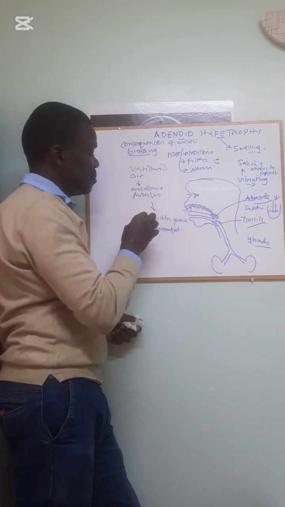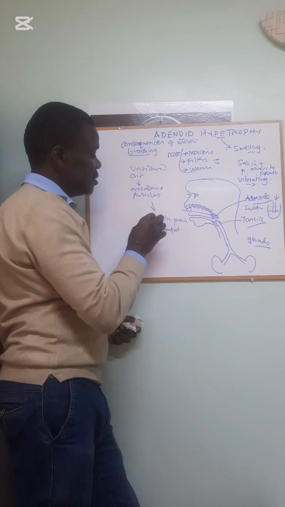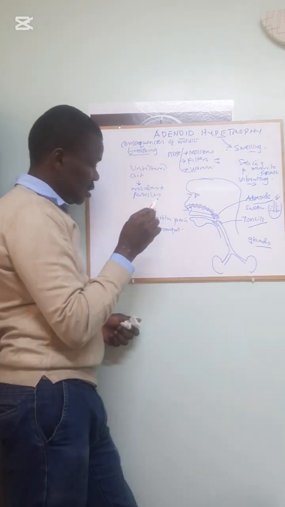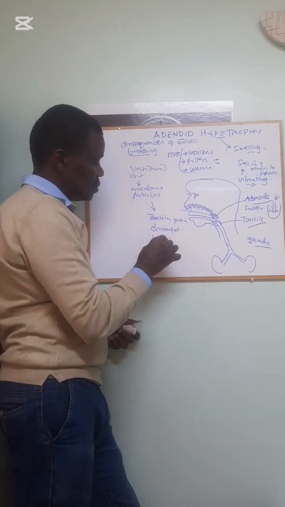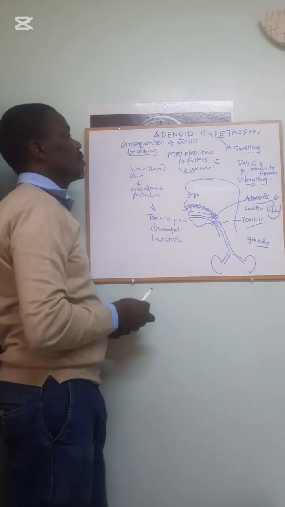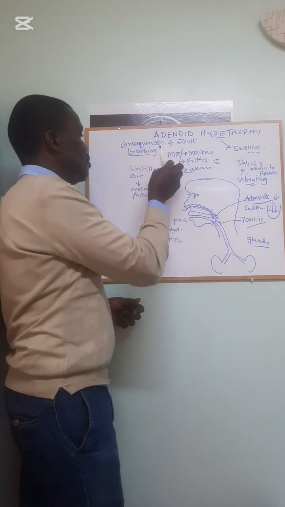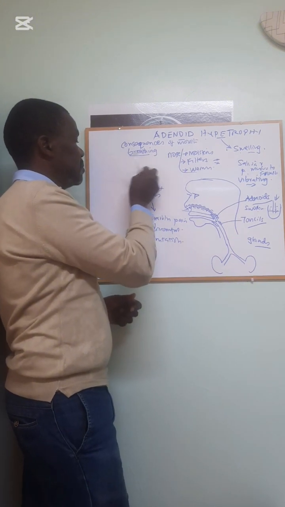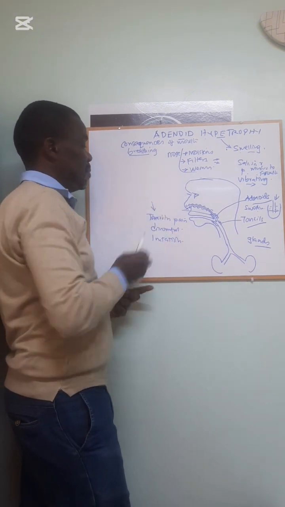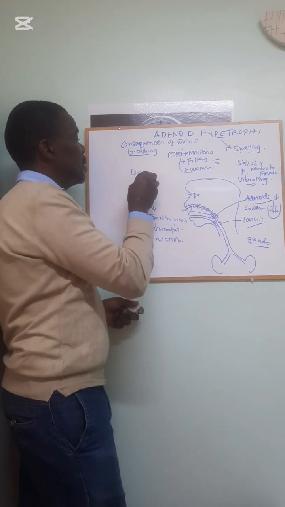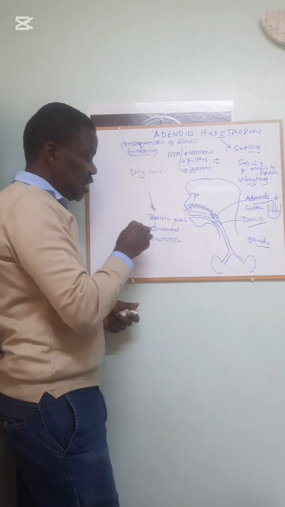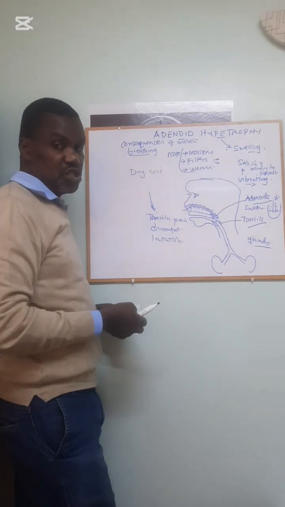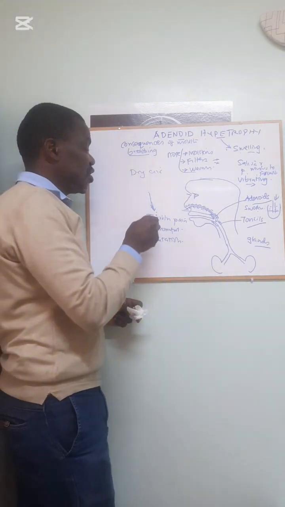The result is the same: tonsillitis, pain, and discomfort and irritation. Number 3, you have dry air. You have dry air, and dry air will irritate the throat, cause discomfort and cause irritation and predispose to frequent tonsillitis.